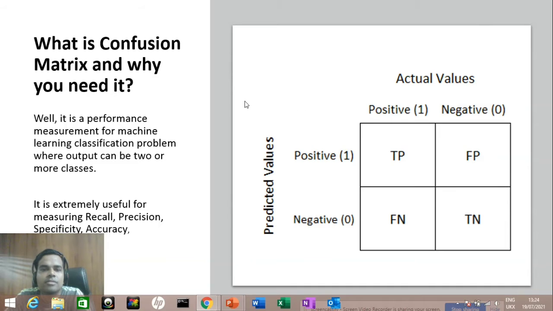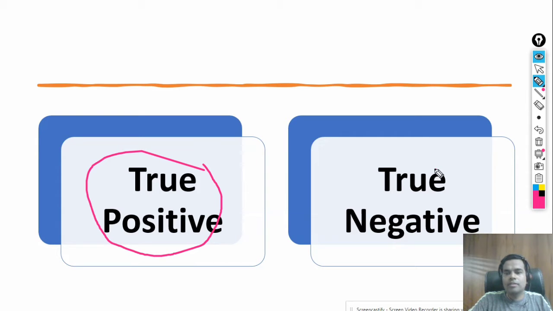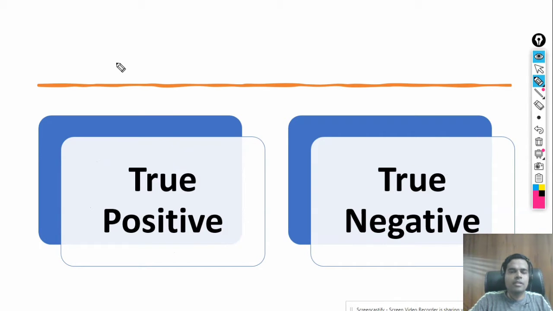Okay, so let's start. Here we have a true positive and the true negative. These two first we will understand. True positive means that our model predicts the value positive, and actually it is positive.